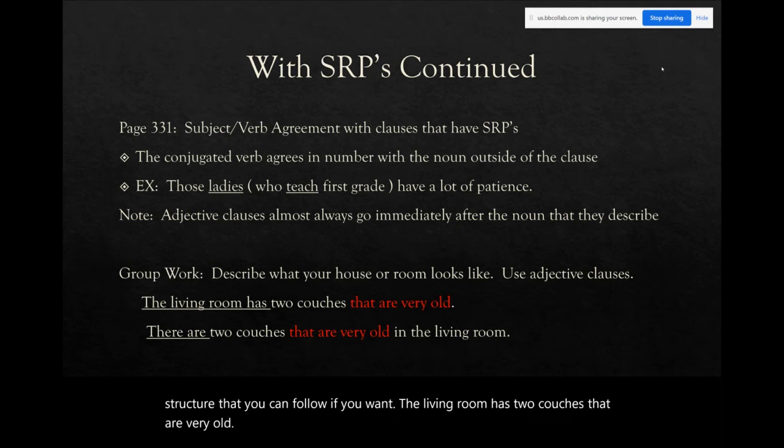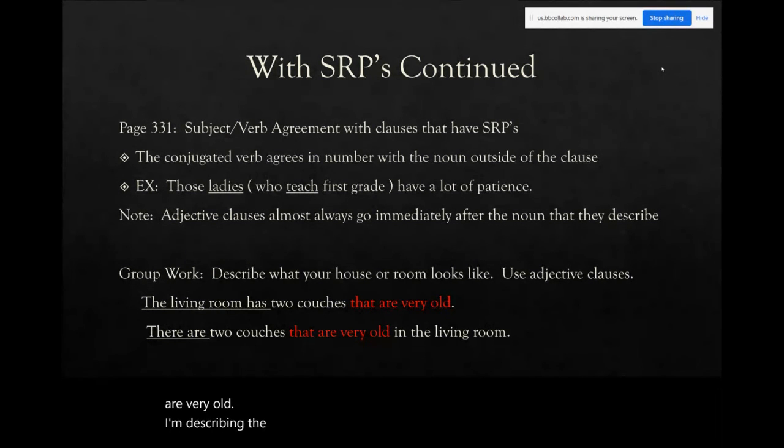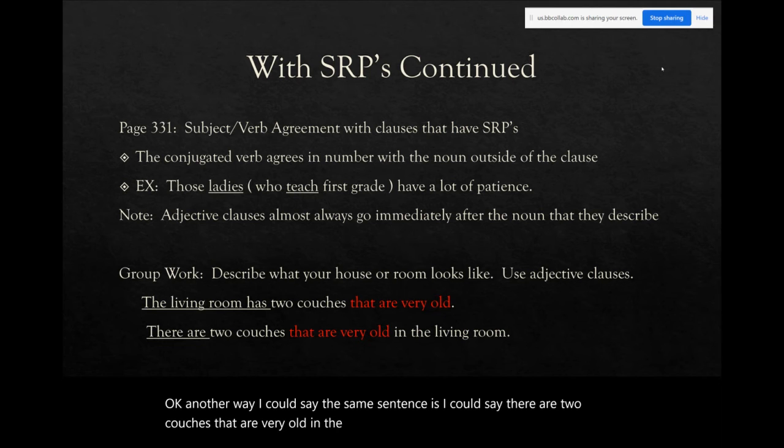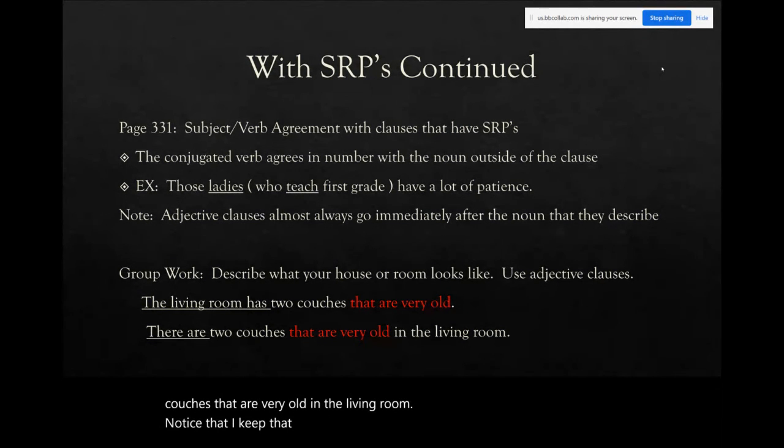I'm describing the couches, and I'm using an adjective clause that has a SRP. Another way I could say the same sentence is, there are 2 couches that are very old in the living room. Notice that I keep that adjective clause right next to couches.